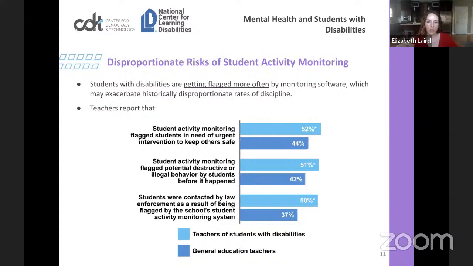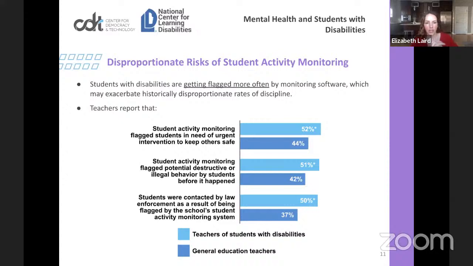So some of the examples here of when they're getting flagged is if there is a need to intervene in an urgent way. This is, to some extent, related to threats of mass violence. And just as an aside, the survey was administered right after the Uvalde school shooting, so we think that some of these numbers were certainly influenced by that. That was on the mind of our entire country.